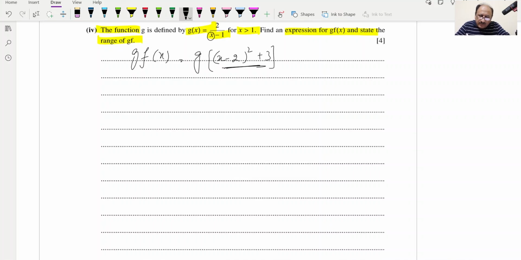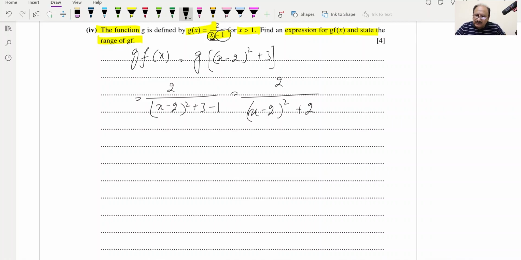So we have to replace this x by x minus 2 squared plus 3, and this will be 2 over x minus 2 squared plus 3, and this minus 1 we will write here, minus 1, and this will result in 2 over x minus 2 squared plus 2.